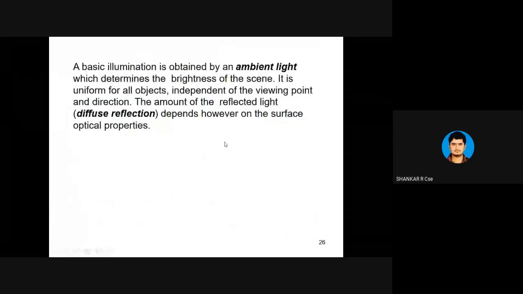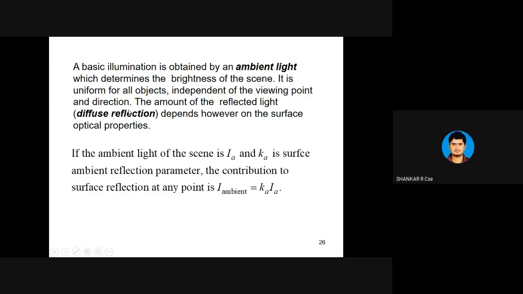Okay. So basic illumination is of course ambient light, which determines the brightness. That is your sunlight and all. And if you want to spread your light uniformly across all the objects, you should have diffuse reflections. Now, if you ask me what ambient light is in terms of mathematics, all this while we discussed theory, the mathematics angle is something like this.